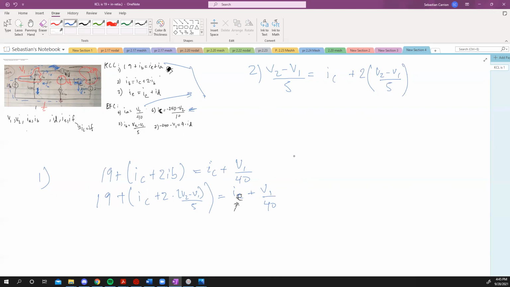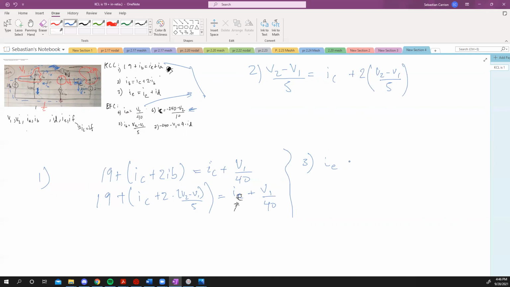Sorry, the screen is smaller now. Okay, I didn't know what you were doing there for number 2, but you have IB equals IC plus 2 IB, and then to the right, you just did that. I see what you're doing now.